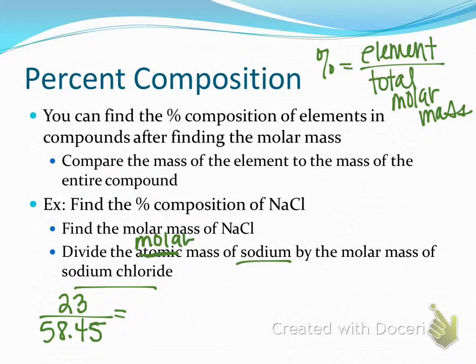Okay, so 23 divided by 58.45 gives us 39.35%. Really it gives us 0.3935, but we're going to convert that decimal back to a percent.